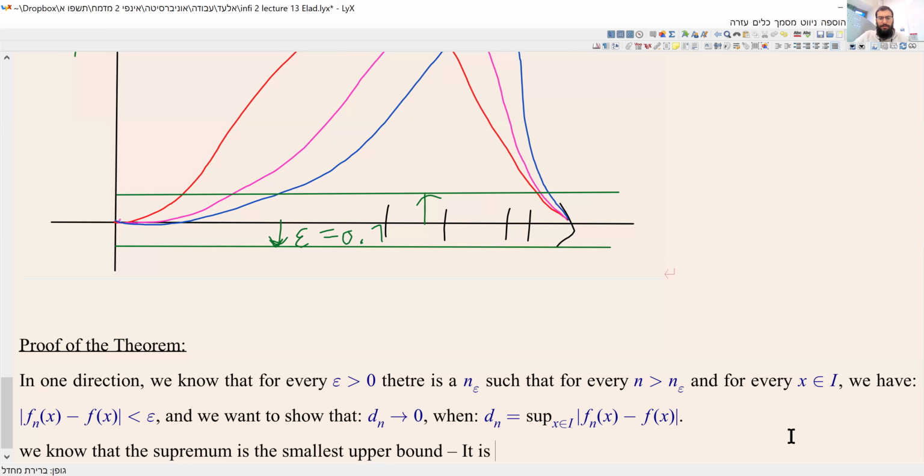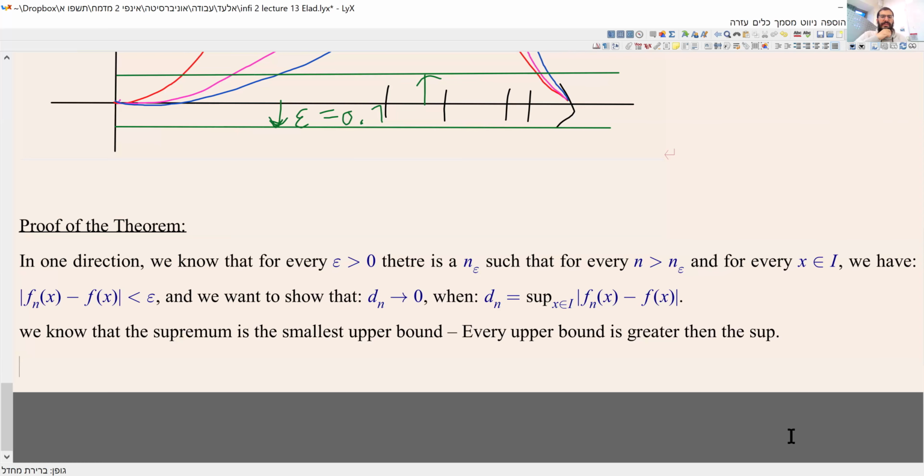It is smaller than any other upper bound. Every upper bound is greater or equal than the sup.